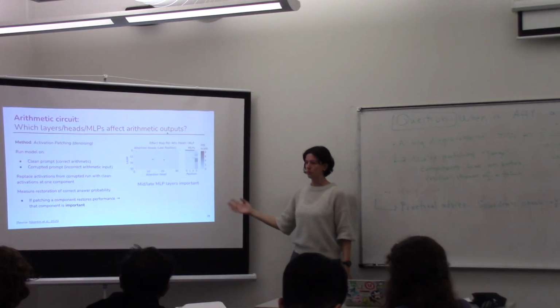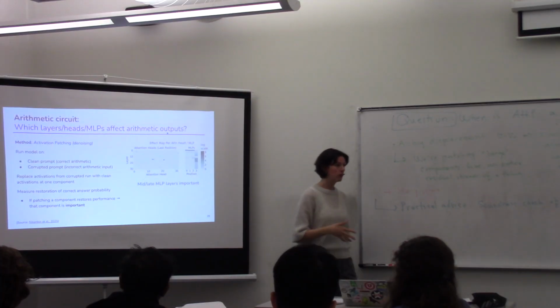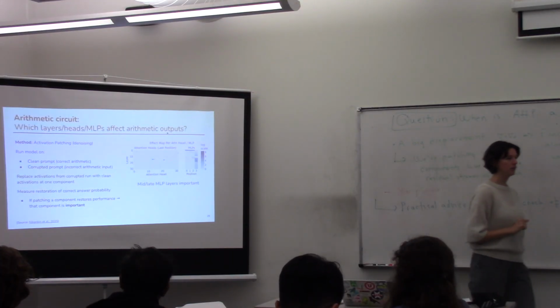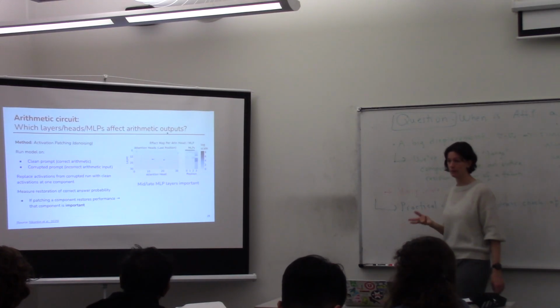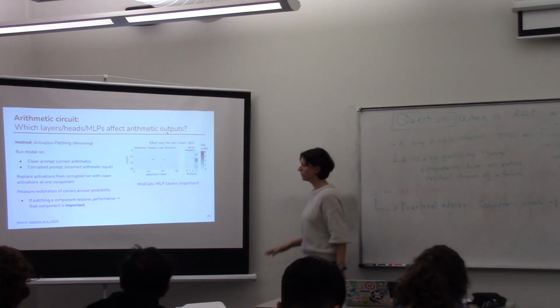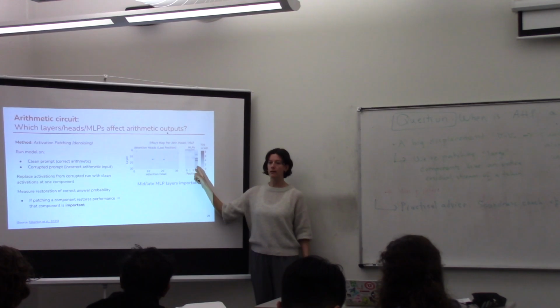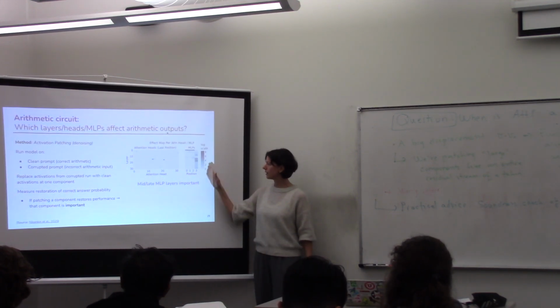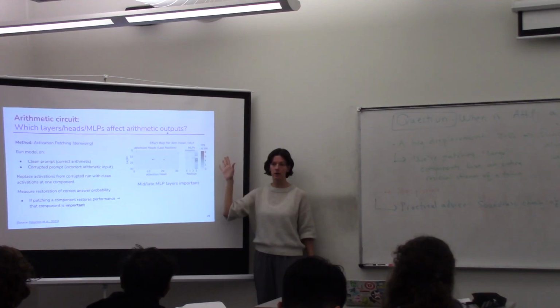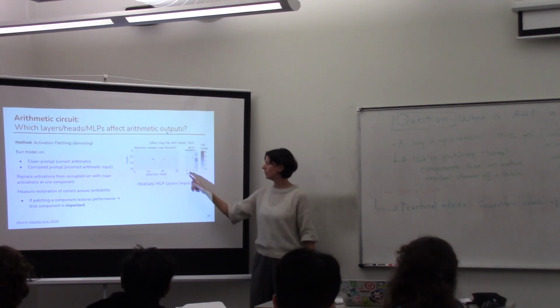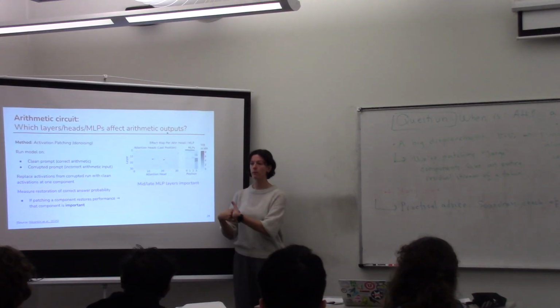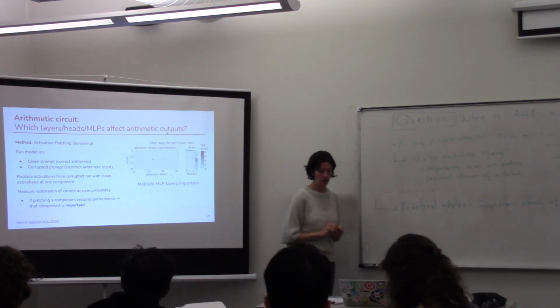And then they replace activations from the corrupted run with the clean activations, and they see how they can recover the behavior. If the patching restores performance, which is indicated by this value, the difference of logit for the correct answer, then the higher and more intense this value is in color, the more responsible that component at that token position is for recovering the behavior.